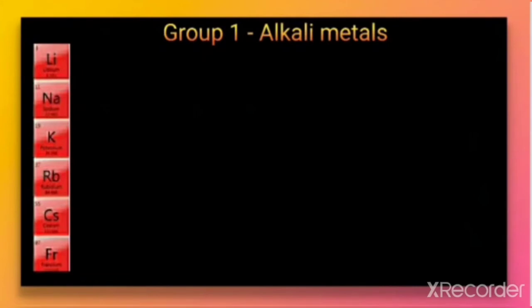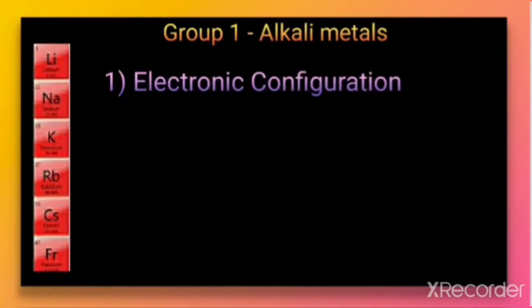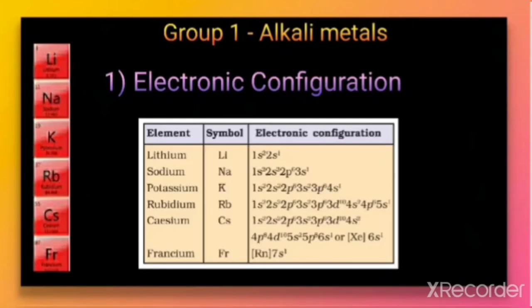Next we are going to study the general properties of alkali metals, that is the group 1 elements. First let us talk about the electronic configuration. When we write the electronic configuration for these elements, it is very clear that they have a similar pattern, in which the last electron is in the s orbital.